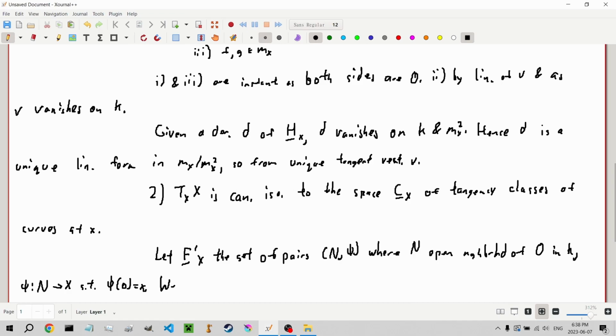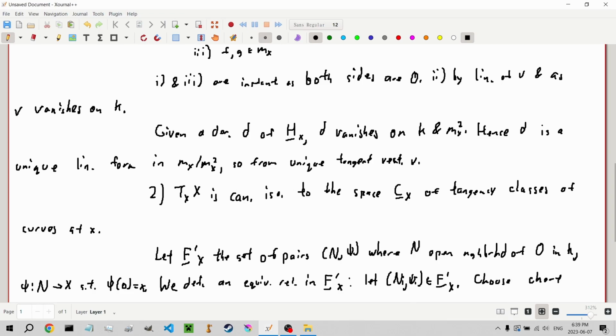We're going to define an equivalence relation in F prime of x as follows. Let n_i and c_i be in F prime of x for i in 1 and 2, of course.